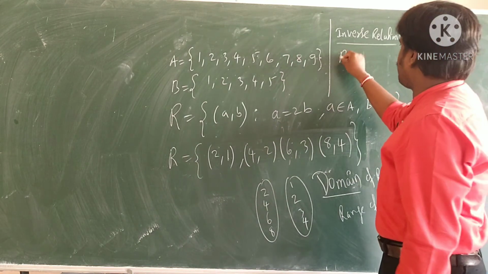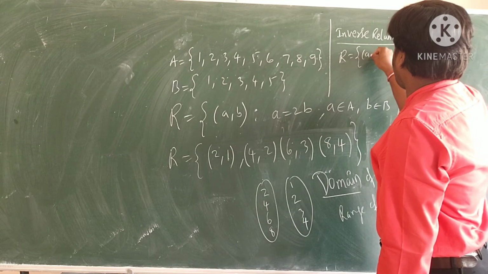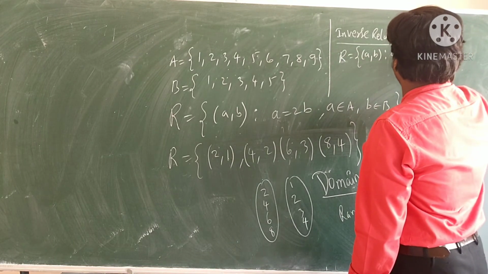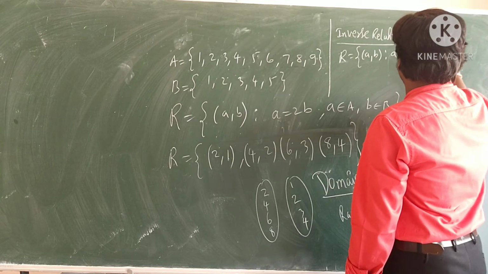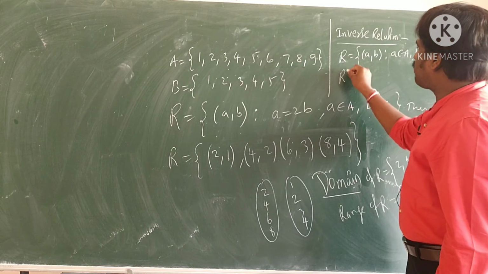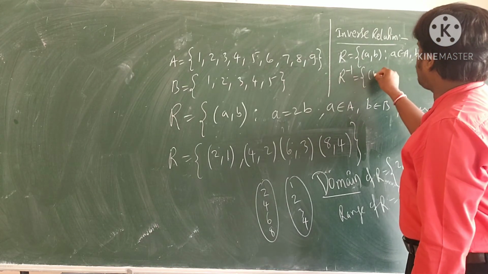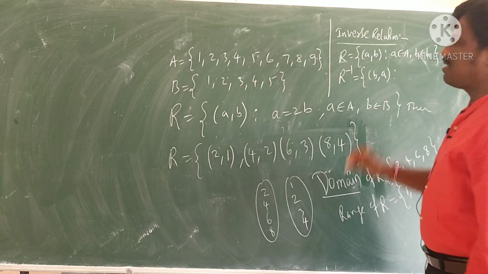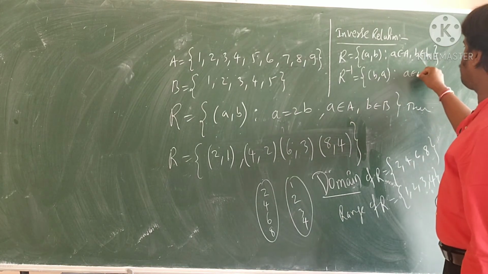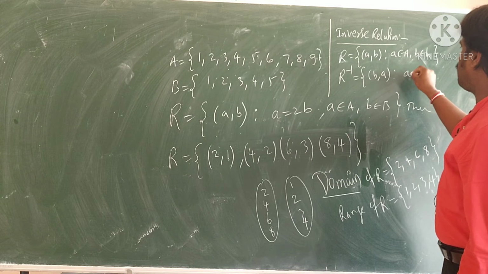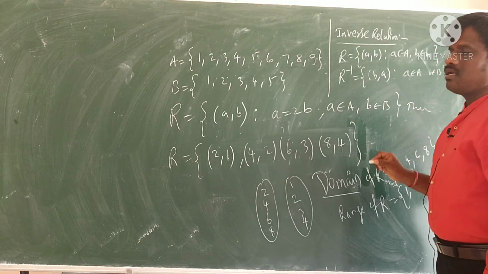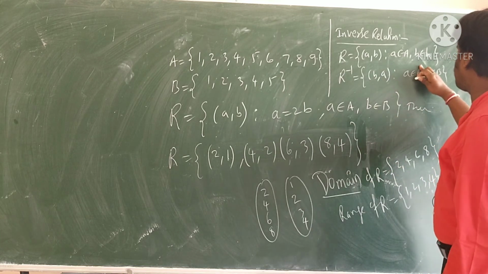R is a relation of pairs (a, b), such that a belongs to A and b belongs to B. R inverse will be the relation of pairs (b, a), where the order is reversed.